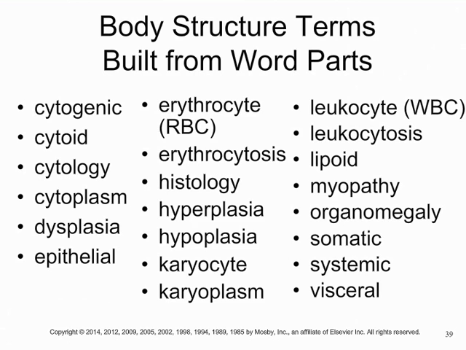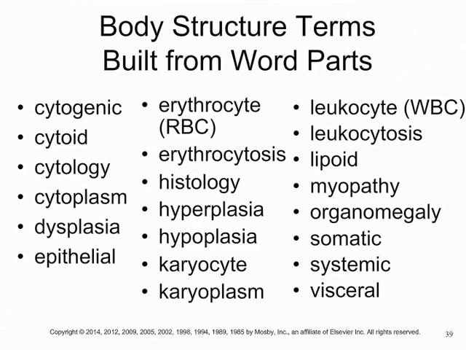We have erythrocytosis and leukocytosis. And if you remember, osis means an abnormal condition. So erythrocytosis would be kind of literally an abnormal condition of red blood cells. So what that means is you maybe have too many red blood cells, or leukocytosis would be too many white blood cells.